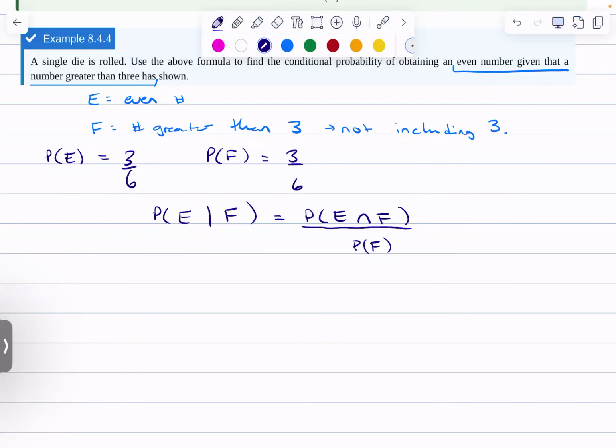So the probability of E and F has to be even and it has to be greater than 3. So 4 or 6, but that's out of the 6. So the probability of E and F is 2 out of the 6 options.